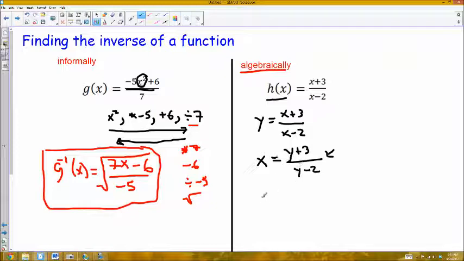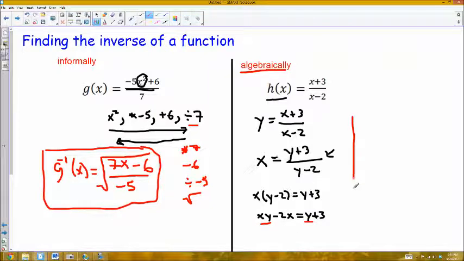So the first thing I'm going to do is multiply both sides by y minus 2. And I get x times y minus 2 equals y plus 3. I'll distribute my x. I get xy minus 2x equals y plus 3. And if I'm solving for y, I'm going to need to isolate all these expressions with y to one side in order to solve for it.